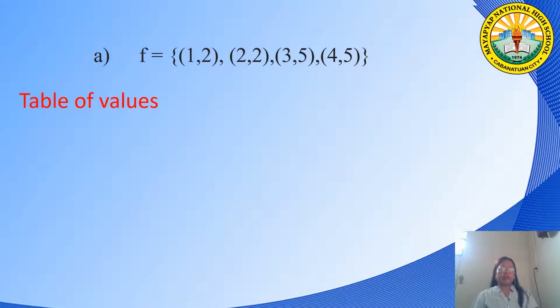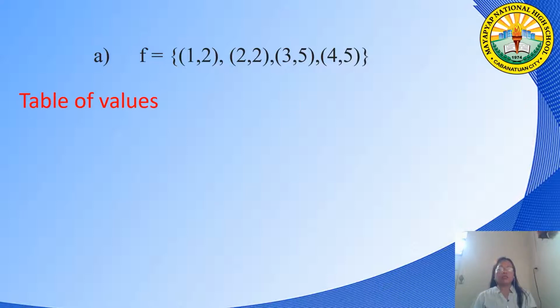By table of values. In example letter A, (1, 2) is an element of f. We can use the notation f(1) = 2. In general, we can use the notation f(x) = y for its ordered pair (x, y) in f. We can also organize these ordered pairs as a table.